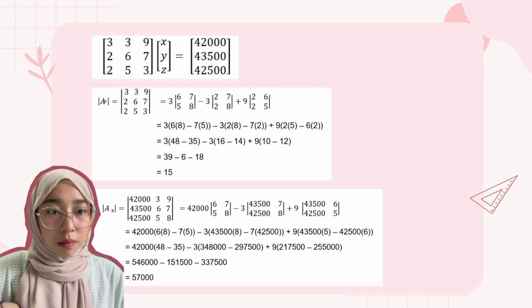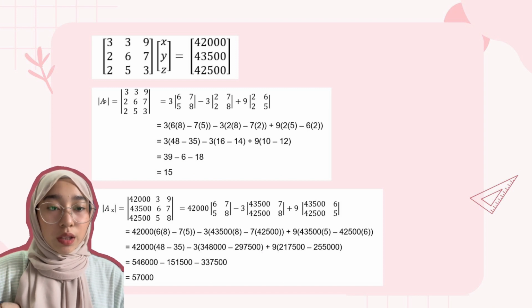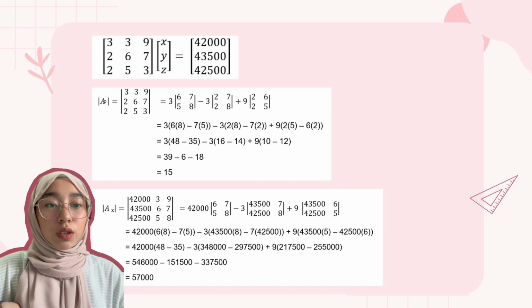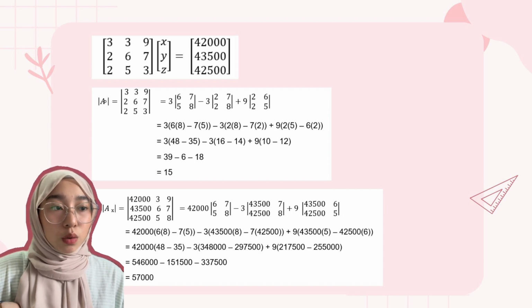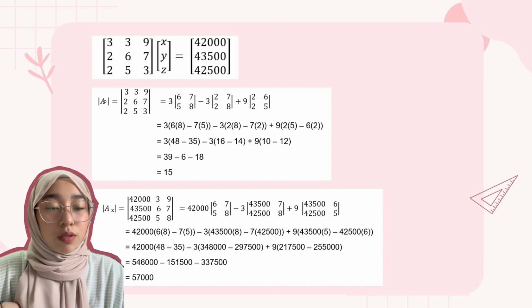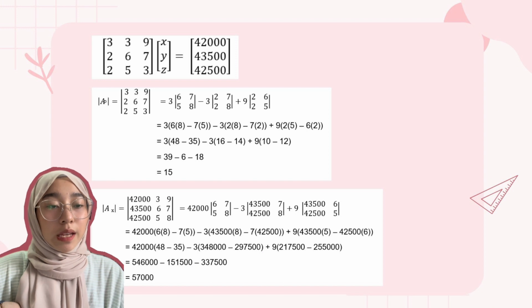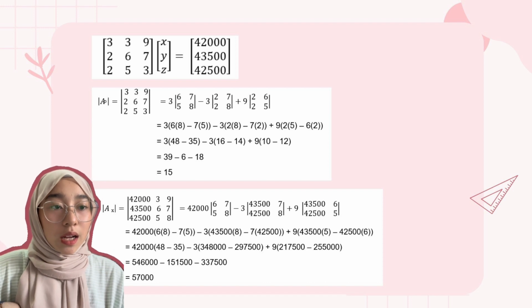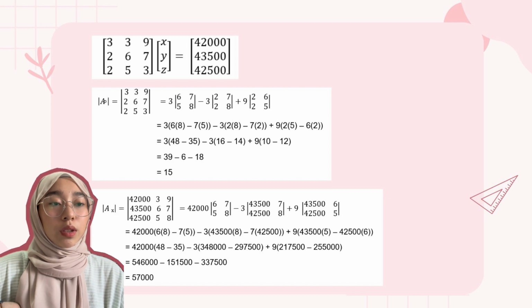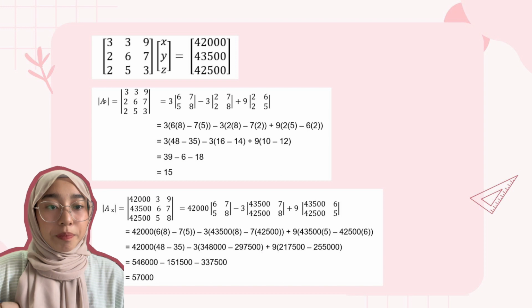So it is the same, but we took the 42,000 and 3 and 9, and then we have 43,500, 6, 7, 42,500, 5, 8. So we make it into 2 by 2 matrix. So we have 42,000 times (6, 7, 5, 8) minus 3 times (43,500, 7, 42,500, 8) plus 9 times (43,500, 6, 42,500, 5).